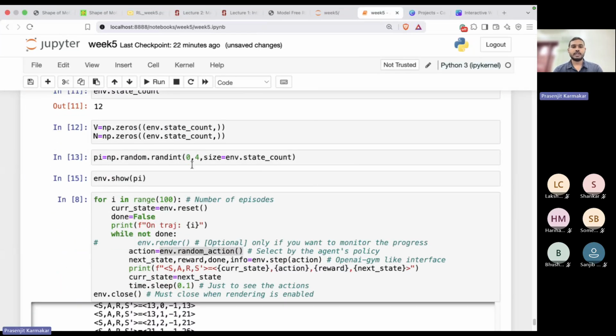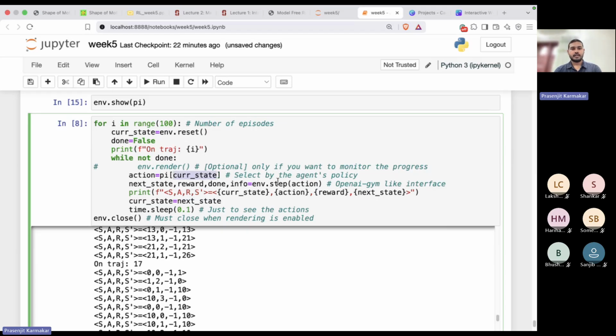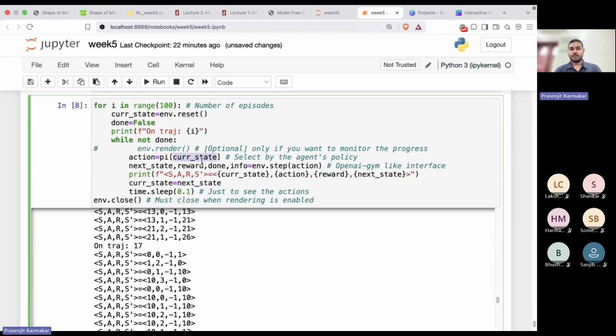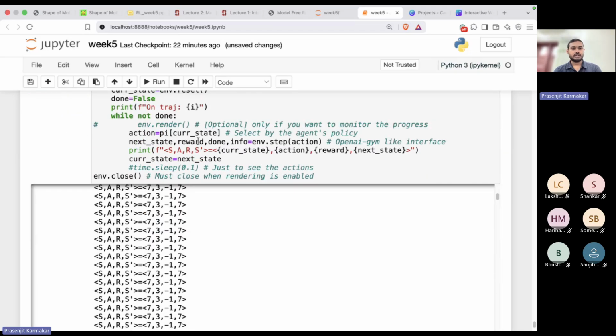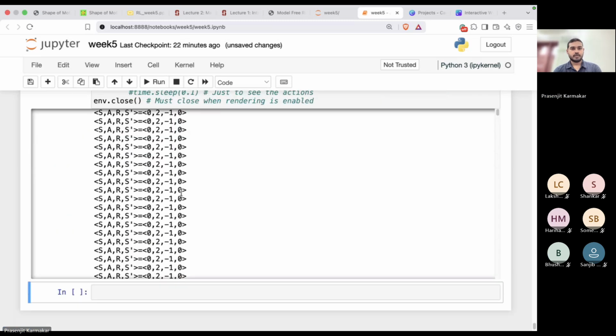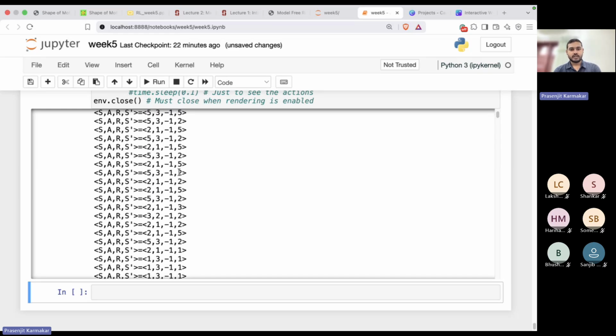Now we know the policy. So we can just do pi of current state, and that gives me the action for that state. The policy becomes your agent, and with that you interact with the environment and get the next state and everything. If I run it for 10 steps, this is how it goes. For trajectory 0, it mostly stuck to state 0, but sometimes it goes to state 1, state 2, state 5 also.